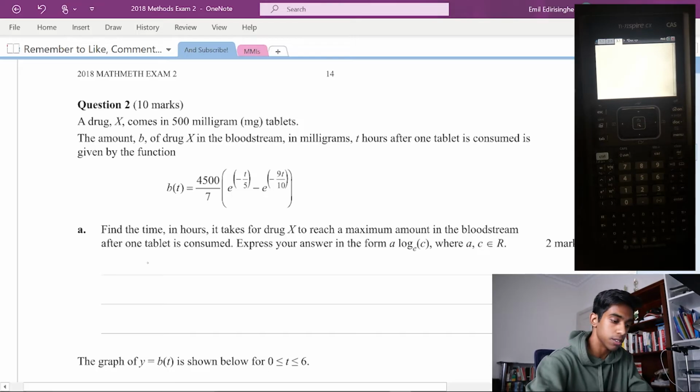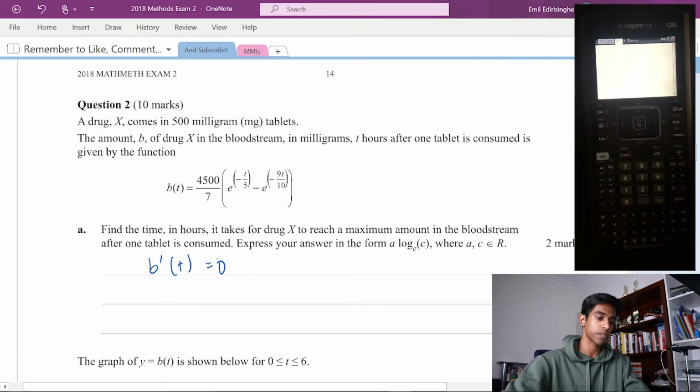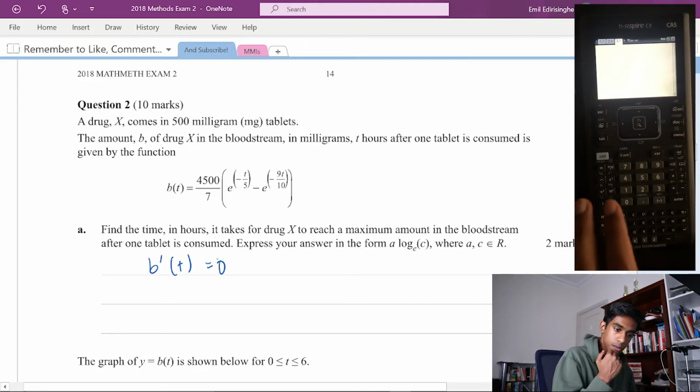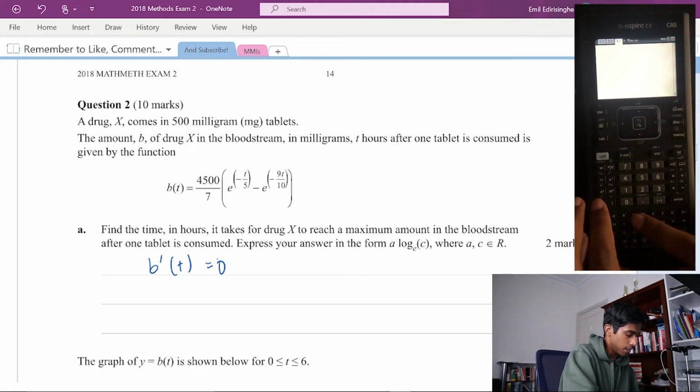So what I'll do is b dash of t is equal to 0. And then we'll just define this function here.